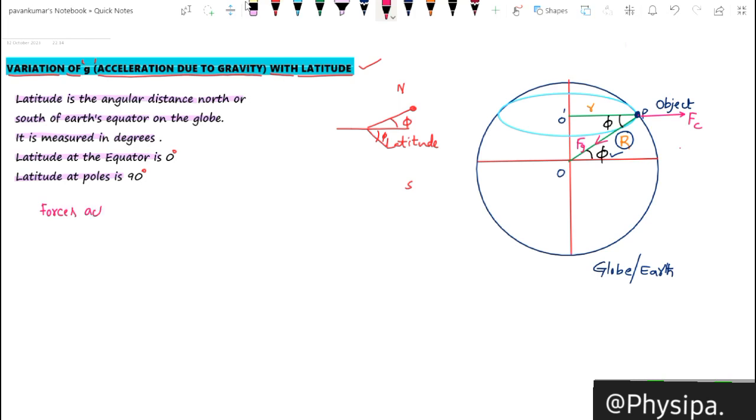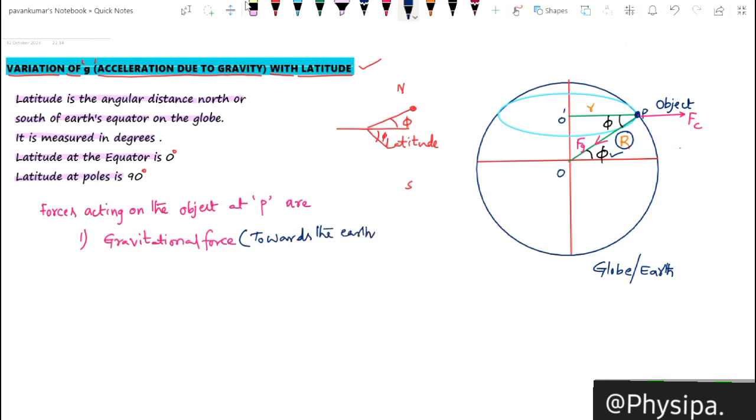So we can clearly say that the forces acting on the object at P are, first, the gravitational force, which is acting towards the Earth's center along the radius.